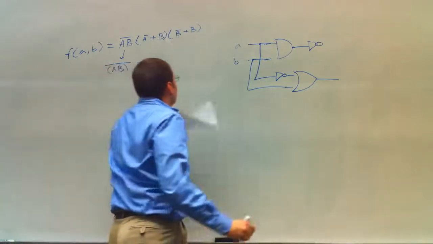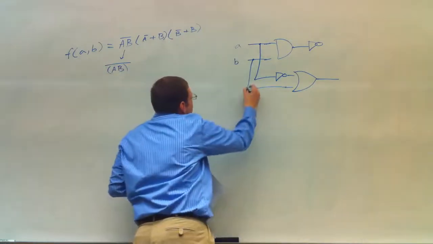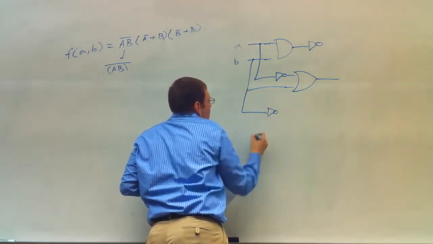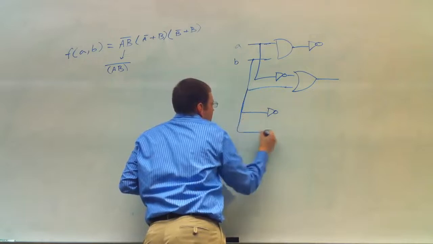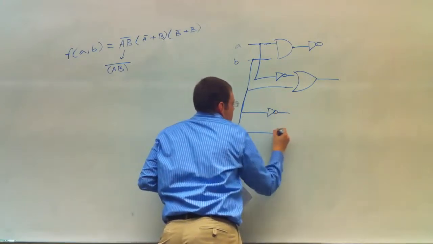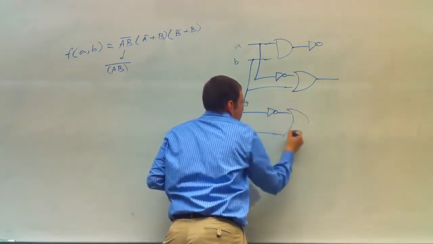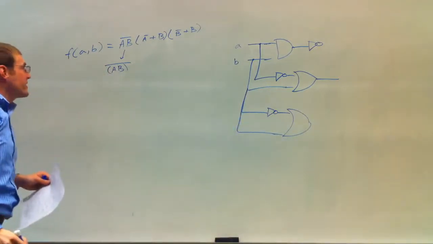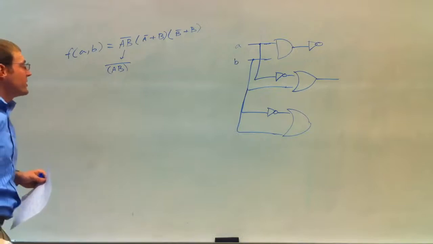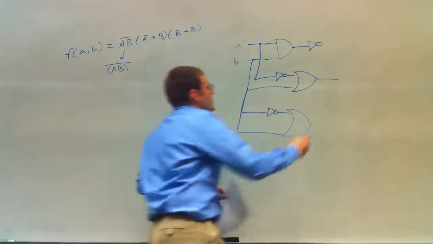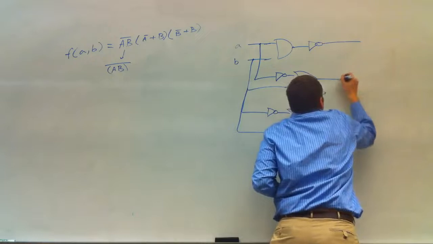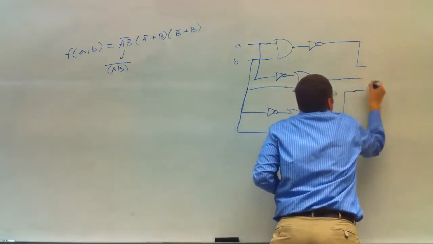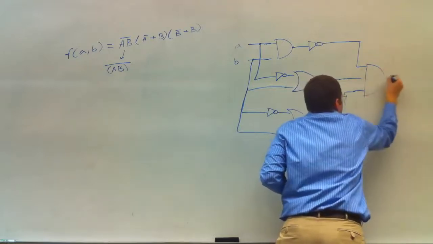Then I have, let's keep drawing down. Then we can do a trick. I'm going to say I have a three input OR gate, so then I can put all these into one giant AND gate.